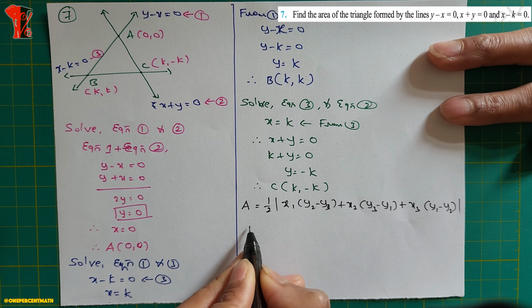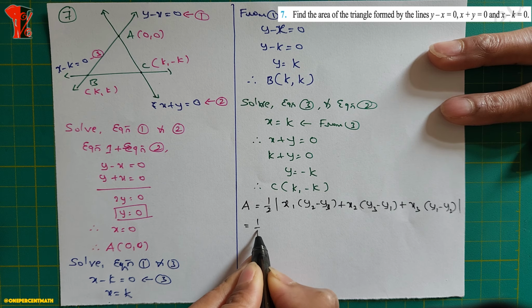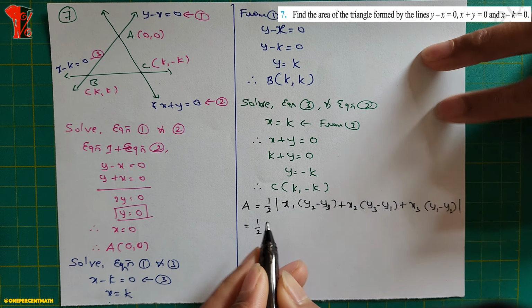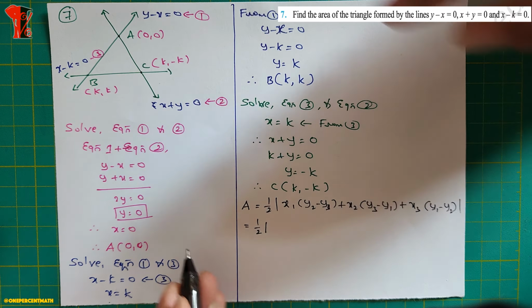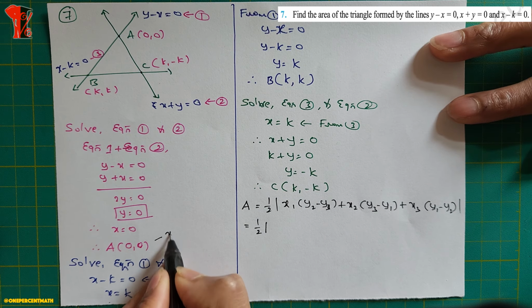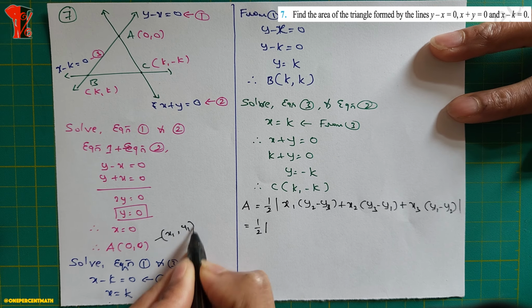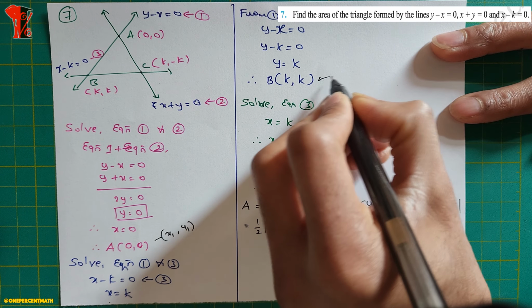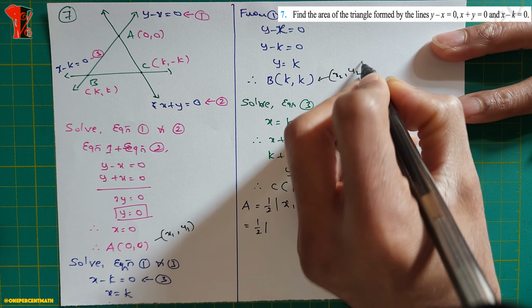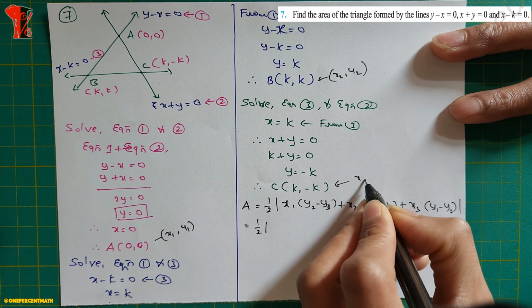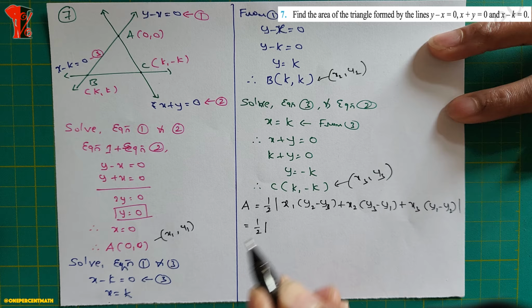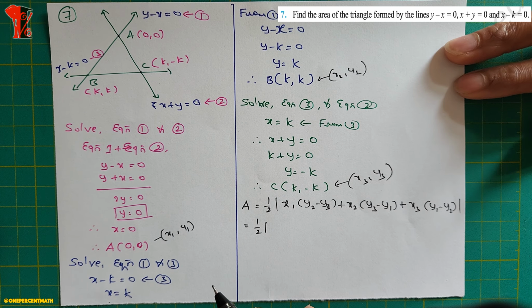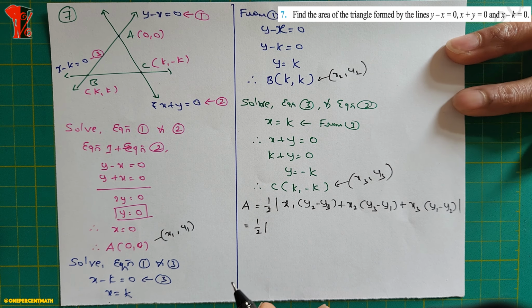Now go for substitution. We have to name the points x1 y1, x2 y2, x3 y3. You can take them in any order, it is not going to affect the result, it will be the same.